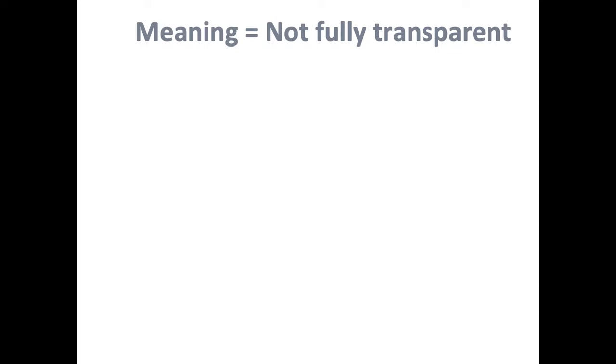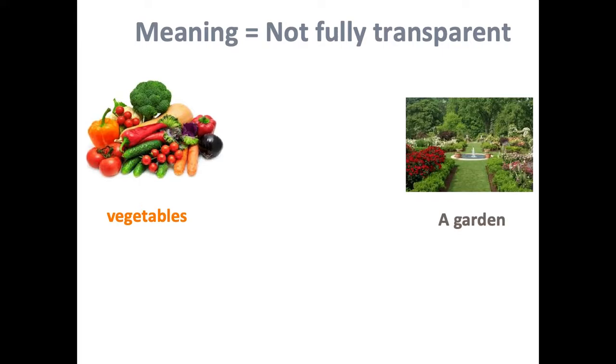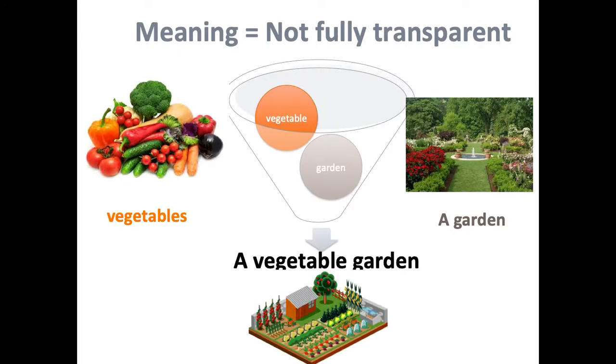Okay, let's look at an example. Here are vegetables, and this is a garden. Now, what about a vegetable garden? A vegetable garden is not just the addition of vegetable plus garden. It means un potager in French, so it means the place where vegetables are grown. It's no longer really a garden in the usual sense.